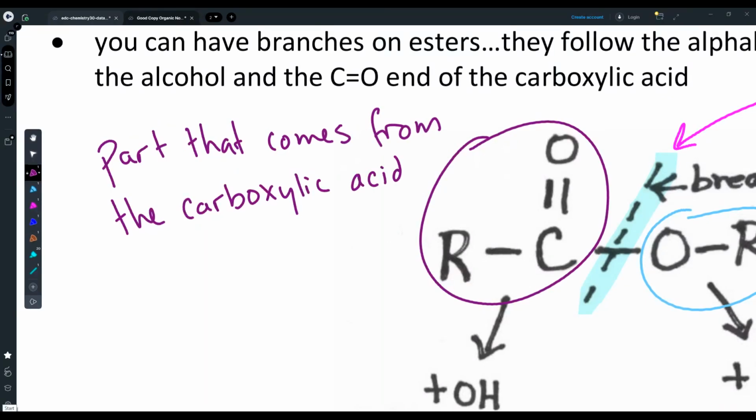The part that comes from the carboxylic acid goes last in the ester name.